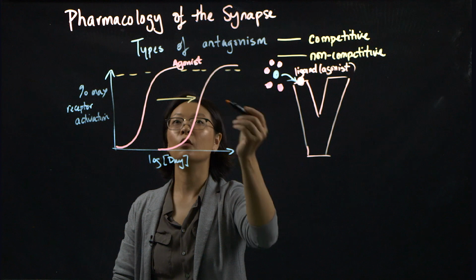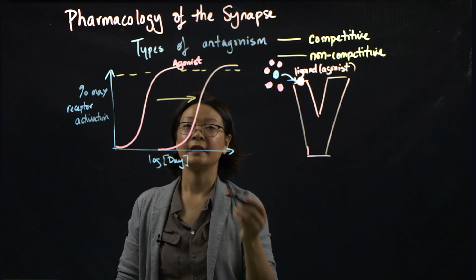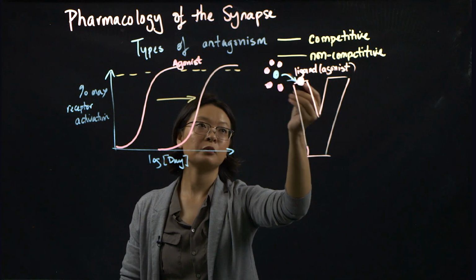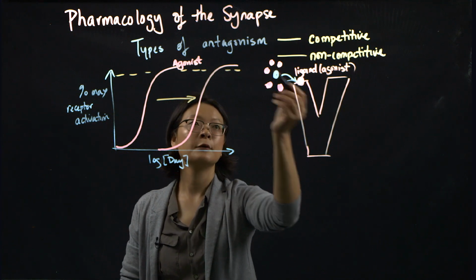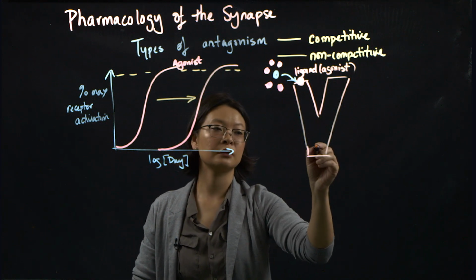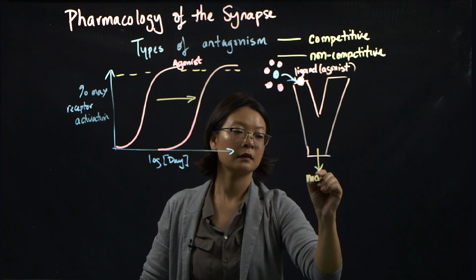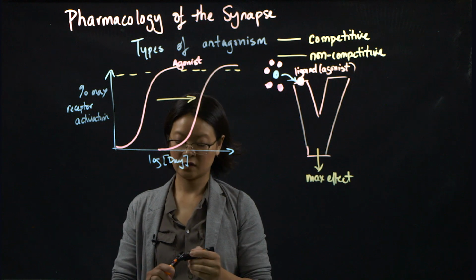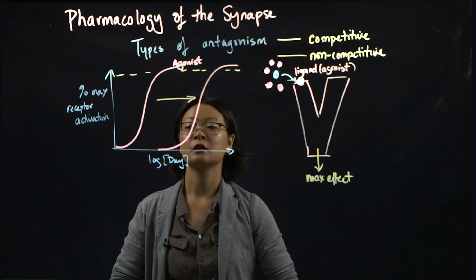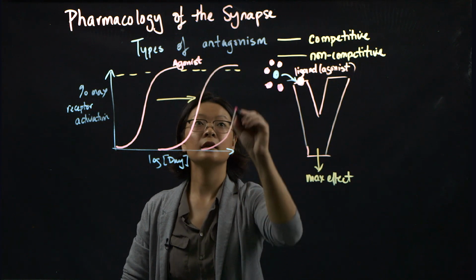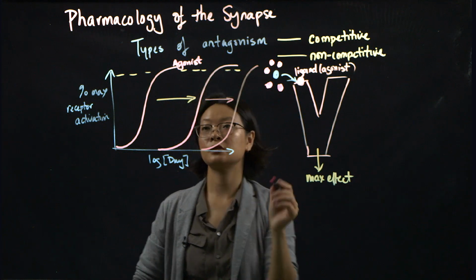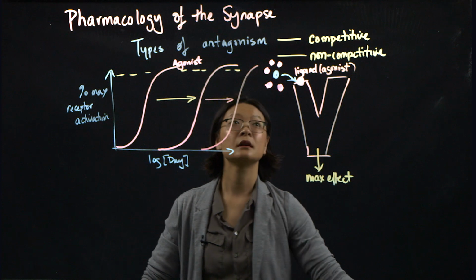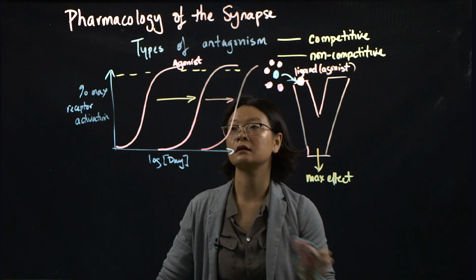You just need more of your agonist. And that's because when you add more of your agonist, you will compete off the antagonist, and the agonist will still be able to produce max effect intracellularly. So you get right-shifted curves. The more antagonists you add, the more agonists that you need to outcompete that antagonist. So that's a competitive antagonist.